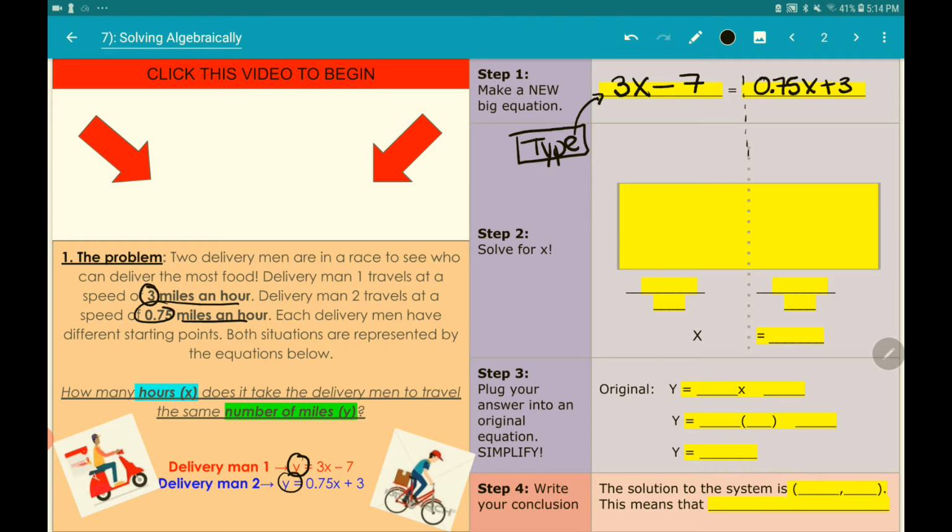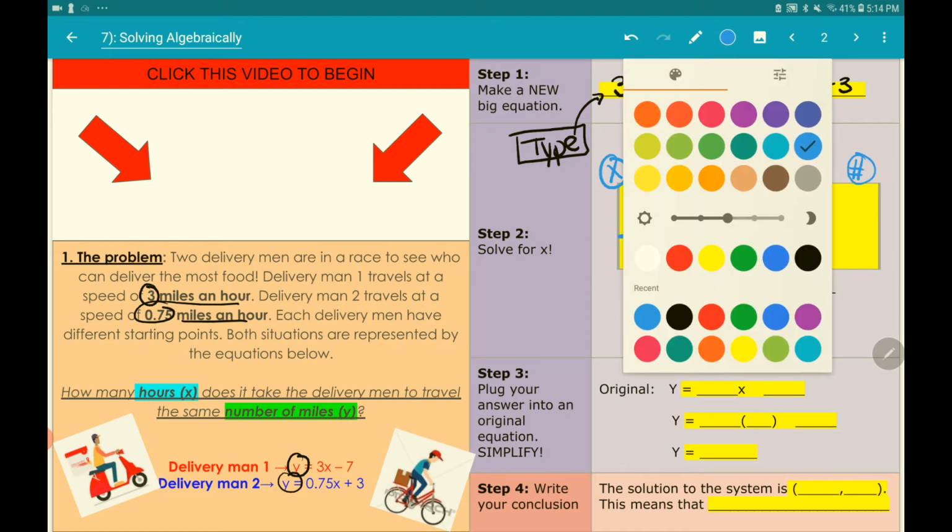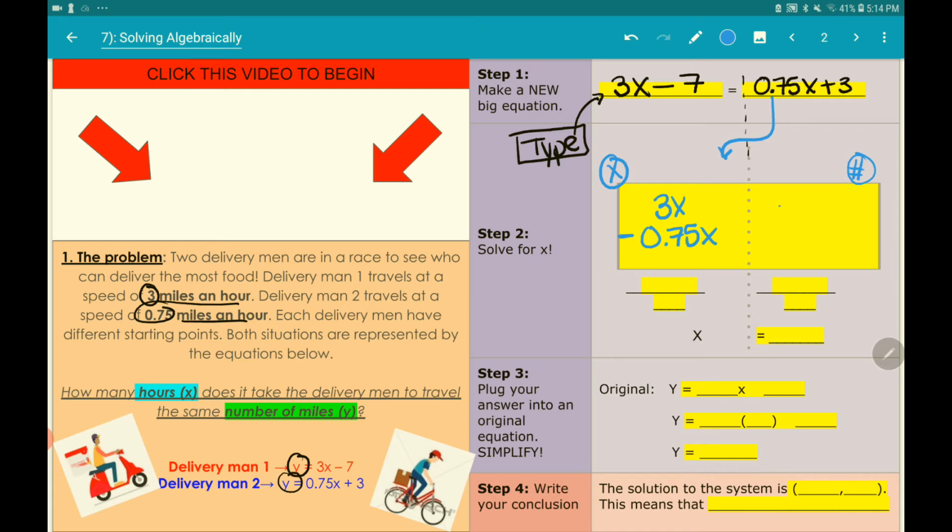So remember, if I cross the line, I change the sign. My left side is going to be my X. My right side is going to be my numbers. So here I have 3X and 0.75x. This crossed over, so that means I am changing it to a negative. On my right side, I have the numbers, and I have -7 and +3.